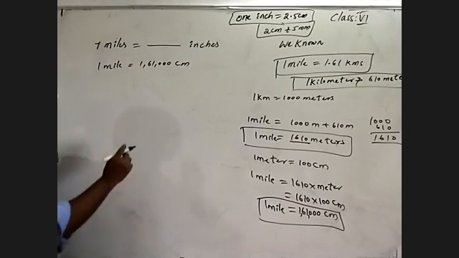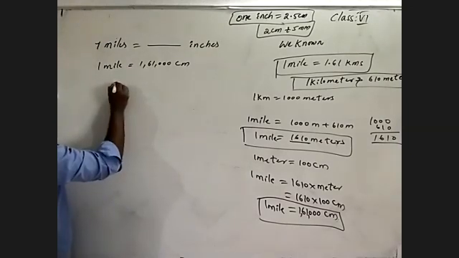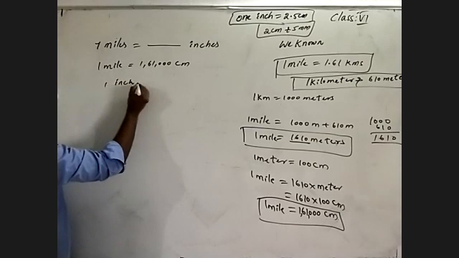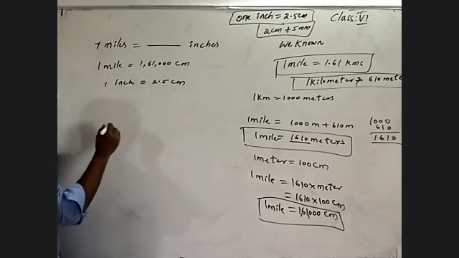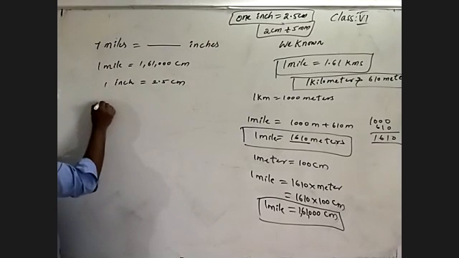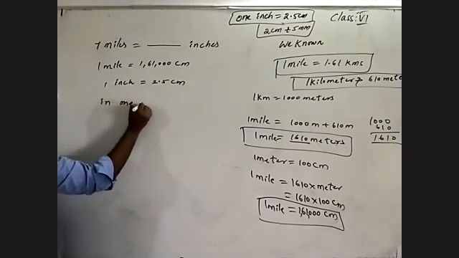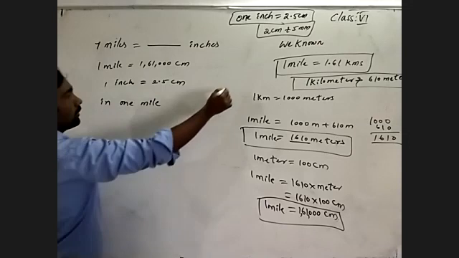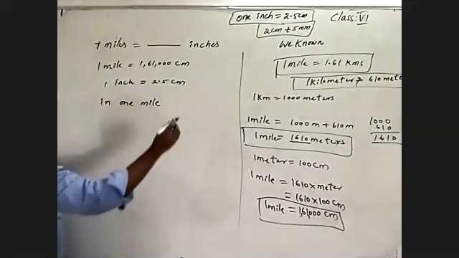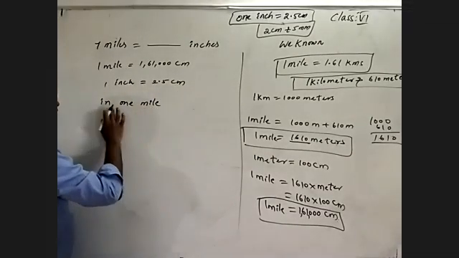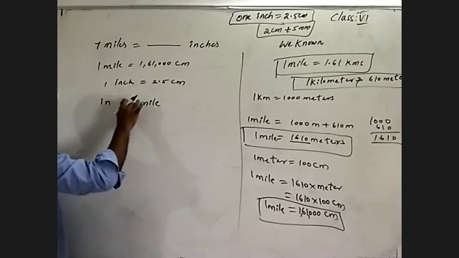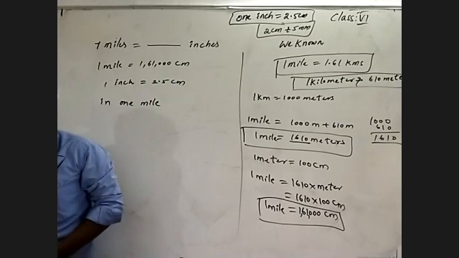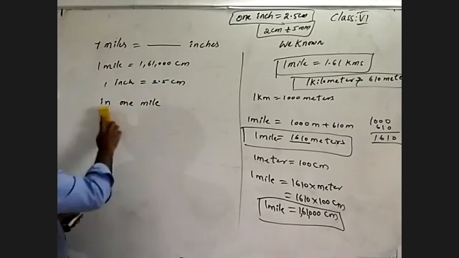We know that 1 inch is equal to 2.5 centimeters. In 1 mile, how many inches are present? We can write the number of inches in 1 mile.